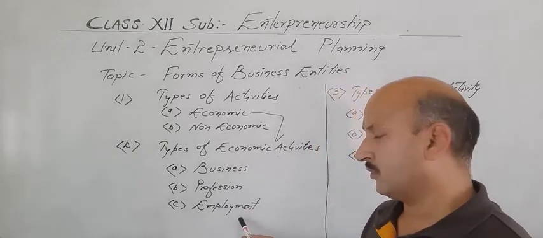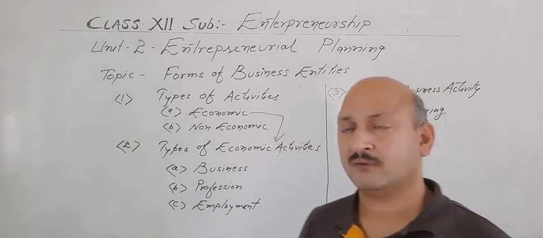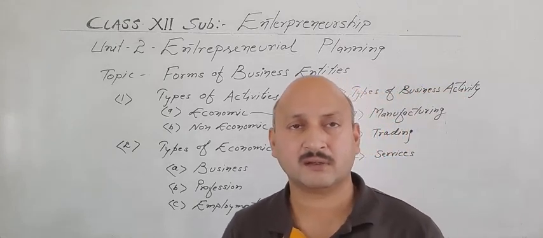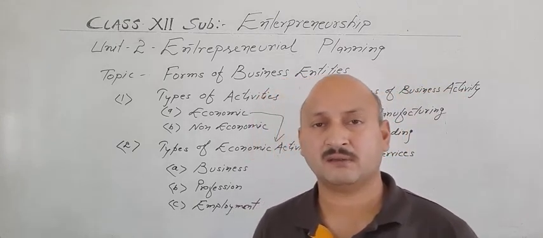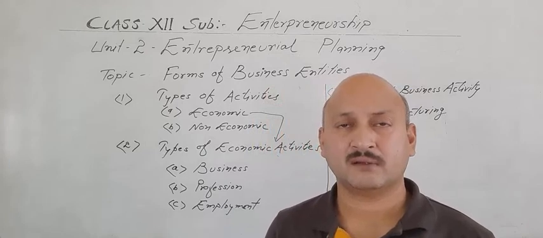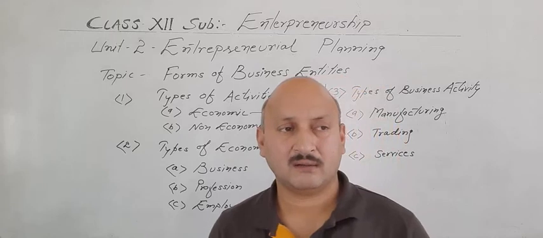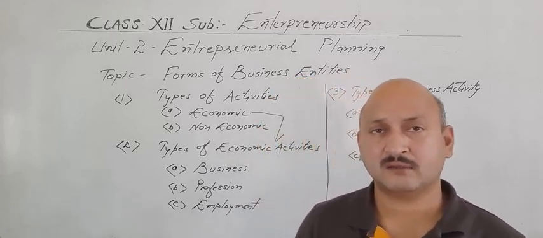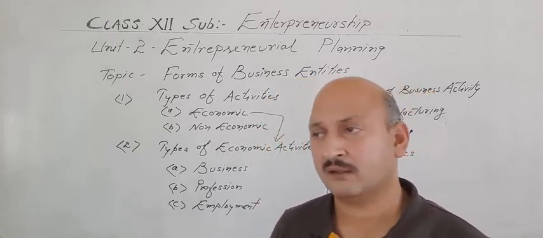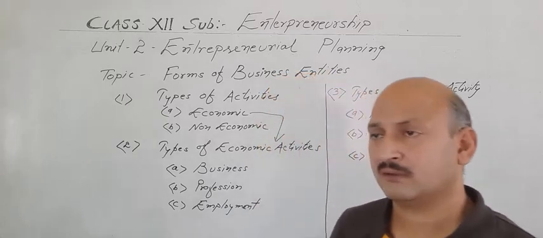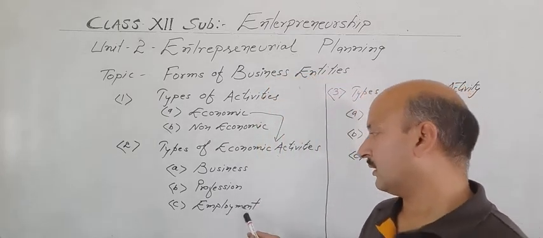Next one is employment, in which we have to possess certain educational qualification and experience, and we have to pass the test organized by that institution, and we have to follow all the guidelines of the employer. Our main motive is to serve the organization.